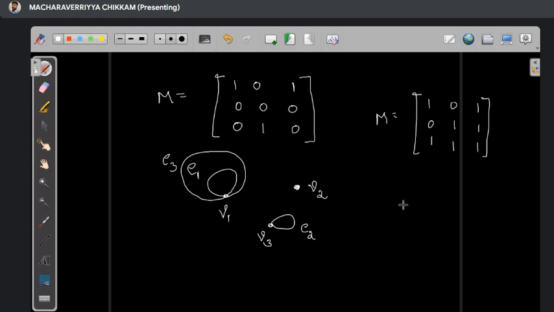So there are 3 vertices, right? V1, V2, V3. So edge 1 is incident with V1 and V3, right? Okay, so let me name it as E1. This is edge 1. Next, edge 2 is incident with V2 and V3.